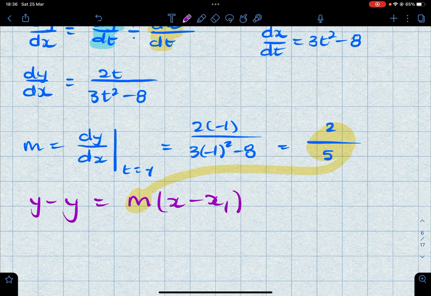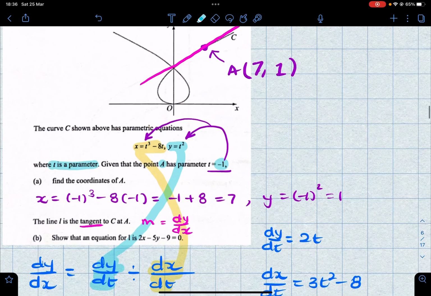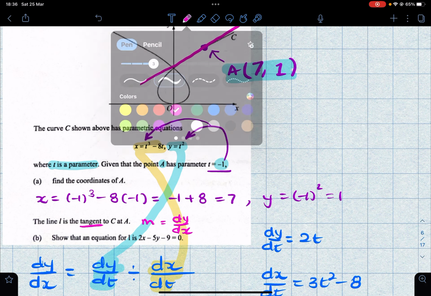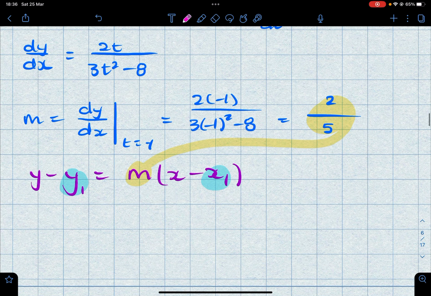y1 and x1, we get this from our point A that we've already found. So 7 and 1. So 7 is the value of x1, and 1 is the value of y1.